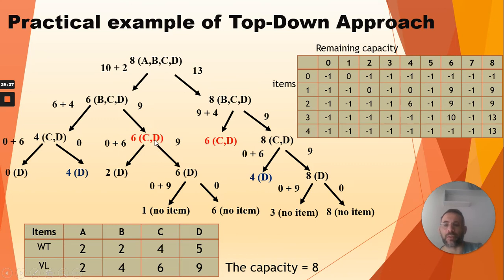When this sub-problem is computed, it is not needed to compute it again, because the value of capacity 6 with 2 items is 9, this 9. So the repetition of computation is avoided in the two approaches, in top-down and in bottom-up.